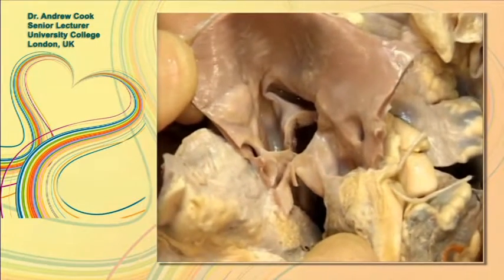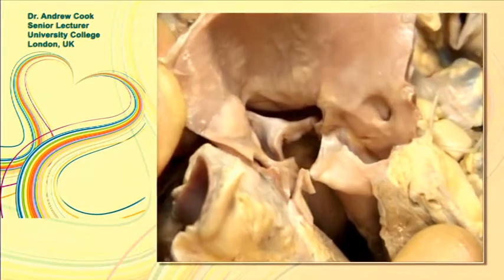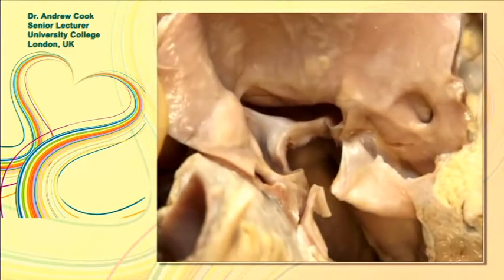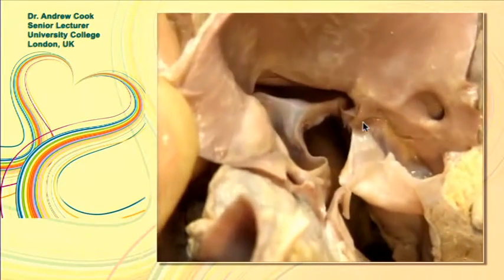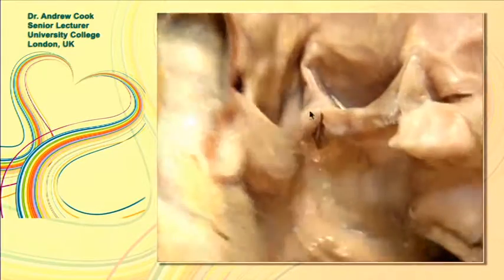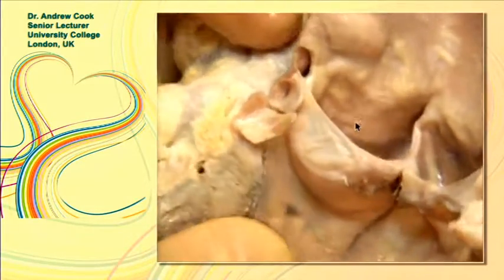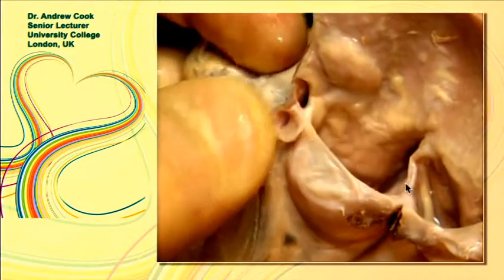So let me show you some examples. This one probably is a good candidate for a TAVI valve. So you can see there's fusion here between these two leaflets, and there's also fusion here between the right and the non-coronary leaflet with quite a marked raphe there.